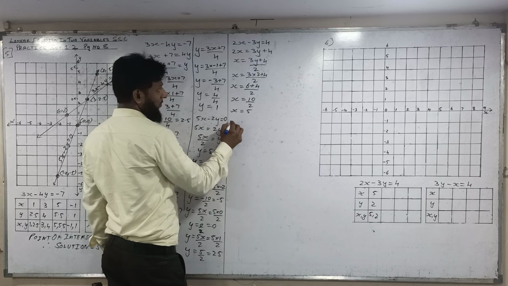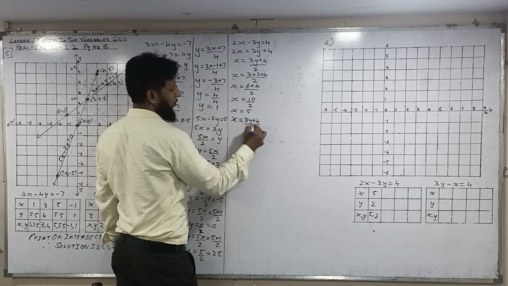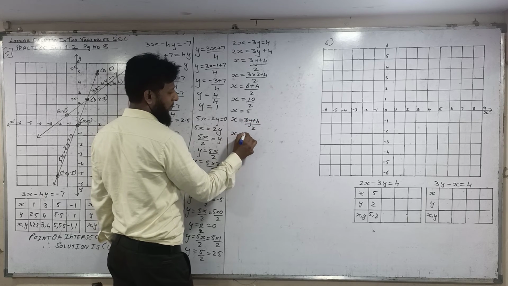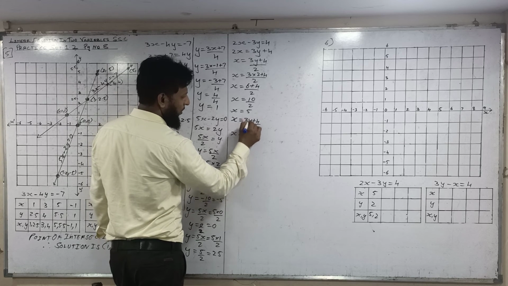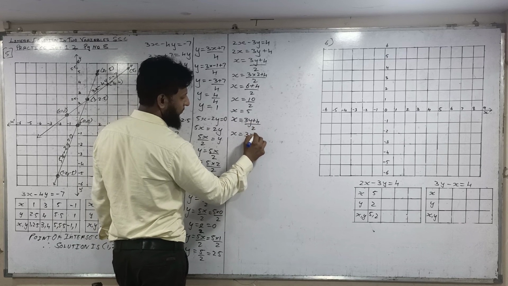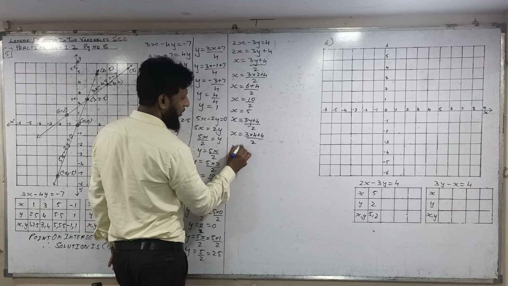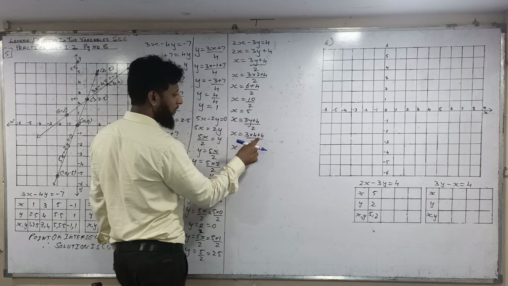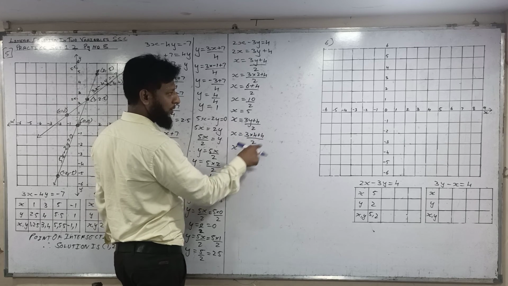Again x is equal to what? 3y plus 4 upon 2. Then write the value 4. Take a y value 4 upon 2. So 3 fours are 12 plus 4, 16. 16 divided by 2 you will get 8.